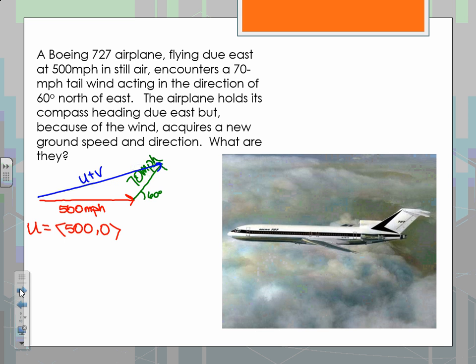Right. However, vector V has some direction to it, as well as some magnitude. So to get the horizontal component, we're going to have to take 70 times the cosine of 60, and our vertical component would be 70 times the sine of 60.